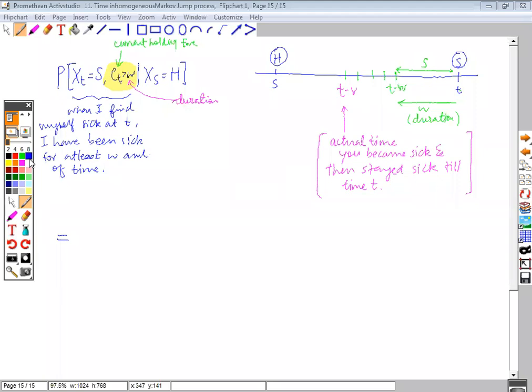I thought W was some age or something like that. Yeah, I sensed that. Very good question. So whenever I'm talking about the holding time, it means the time I have spent in a particular state. So this W is the duration at minimum that I expect to spend in the state S by time T. So I know that this could be this or anywhere else as well, basically.